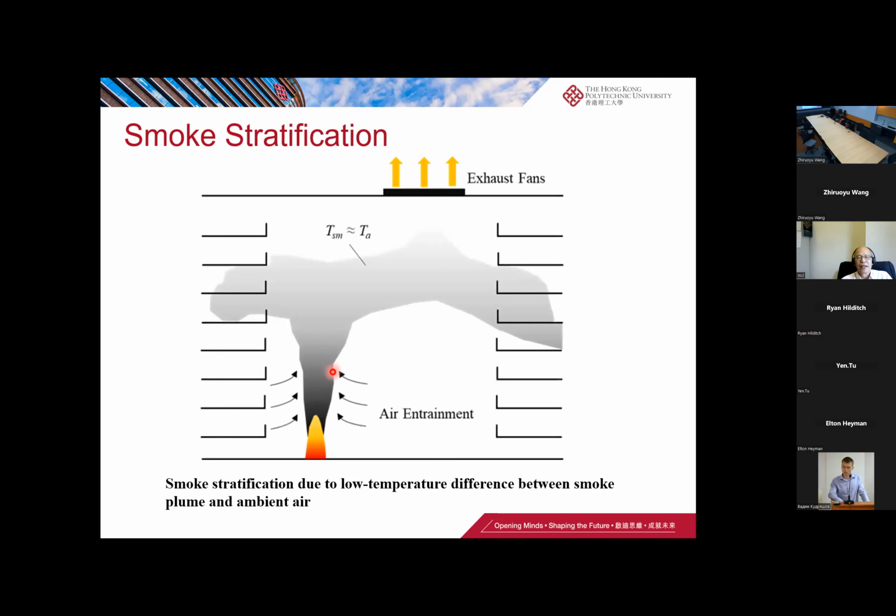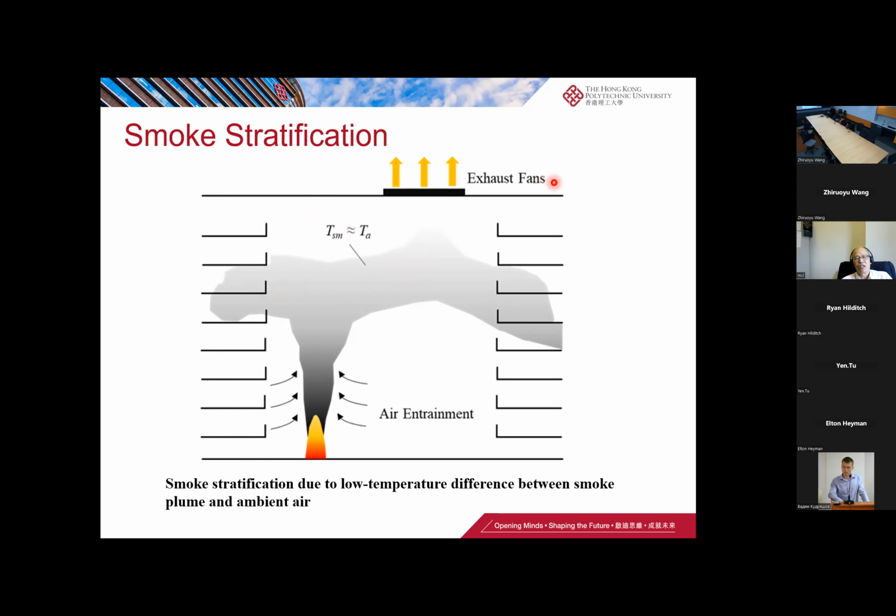This is a figure to illustrate the situation. If we have a very tall atrium with a possibly small fire, the smoke rises to some level and possibly will stop. If the smoke does not rise to the top, the smoke detector will not be activated.